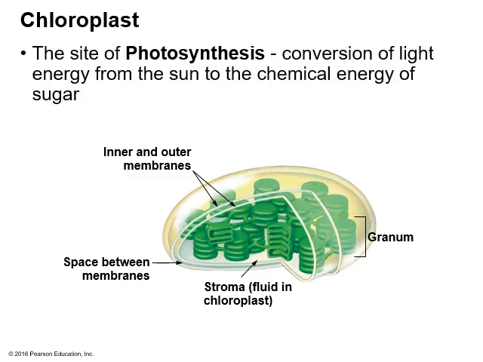So chloroplasts are where photosynthesis occurs, which we're going to talk about in a lot more detail in chapter 7. But what you really just need to know now is that photosynthesis is converting light energy coming from the sun, or coming from, say, a light bulb if you're growing a plant indoors, and is taking that energy and converting it into the chemical energy of sugar.